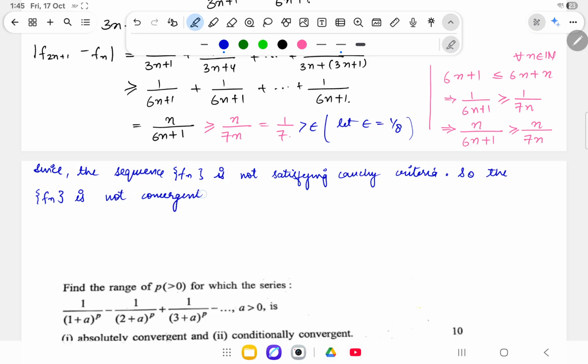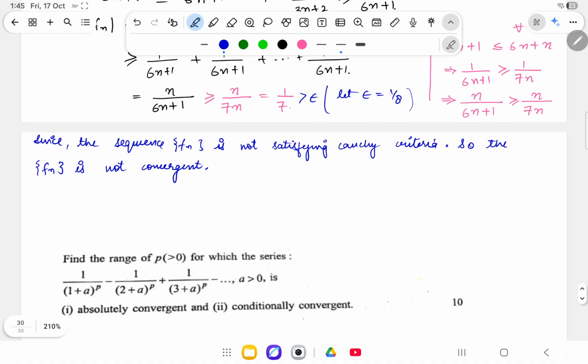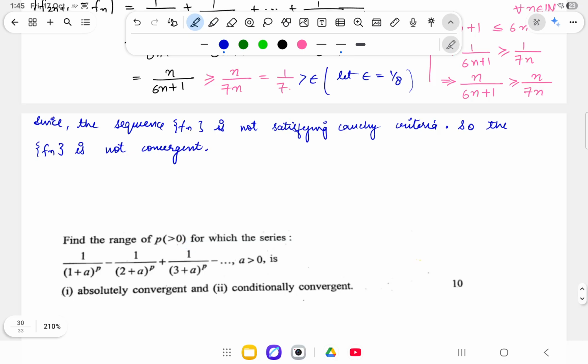And we are able to say this because we are in a complete metric space, and in a complete metric space a Cauchy sequence is always convergent. So if it is not convergent, then it's enough to show that it's not Cauchy. So from here we conclude that our sequence fn is a divergent sequence.